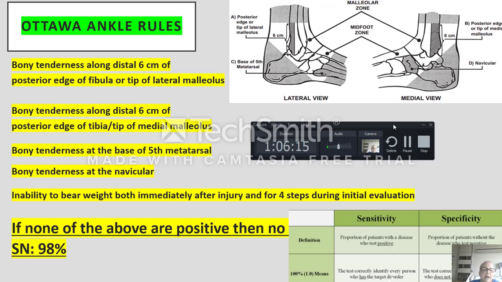Bony tenderness along distal 6 centimeters of the posterior edge of the fibula or lateral tip of the lateral malleolus. So we're looking right here. Posterior edge or tip of lateral malleolus. The 6 centimeters, right in there. Right in this part, right here.